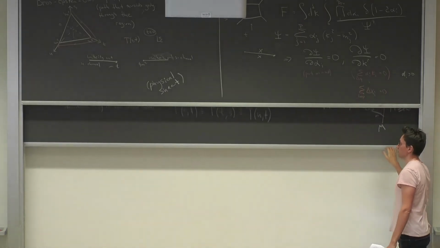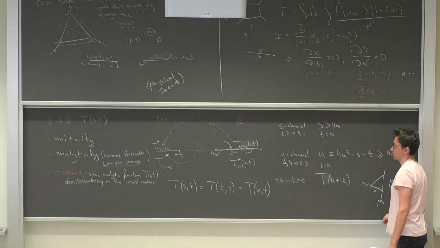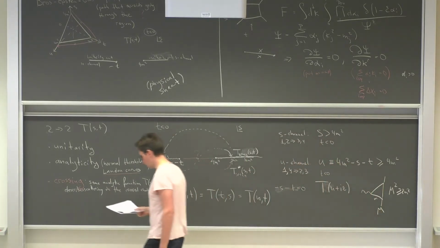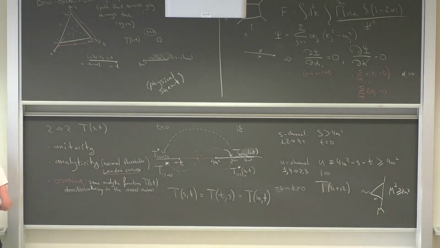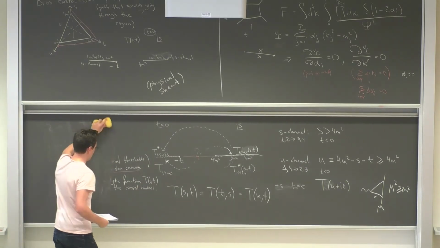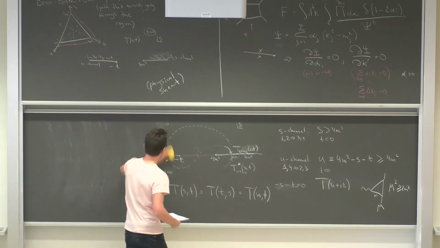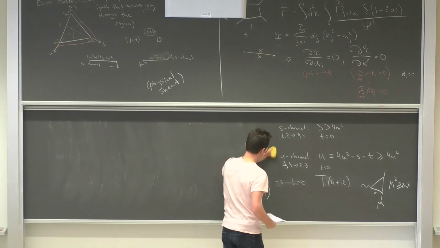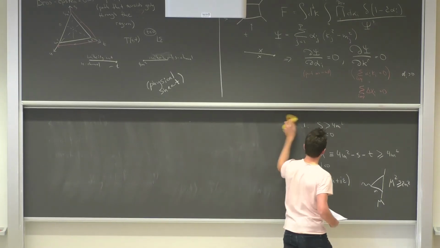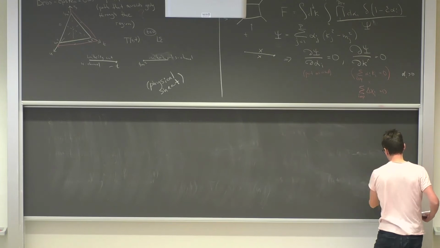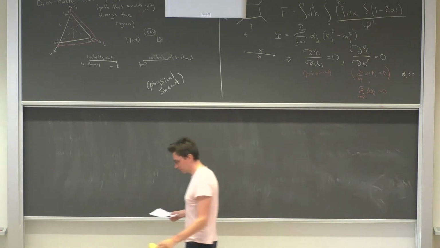There is another form, because the integral over loop momentum is Gaussian, so you can integrate over it. If you integrate over it, you get the following formula.